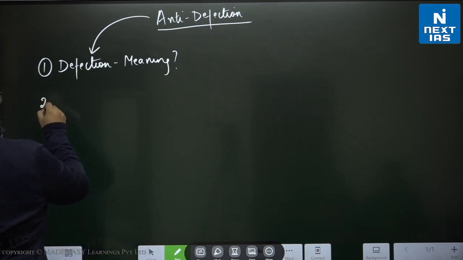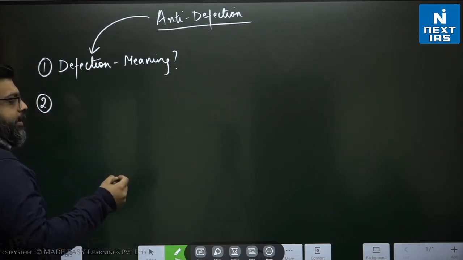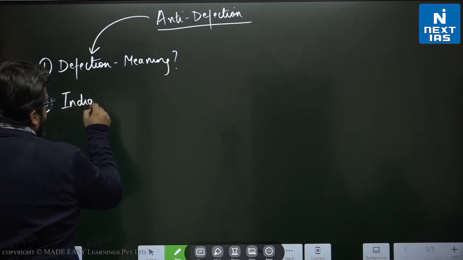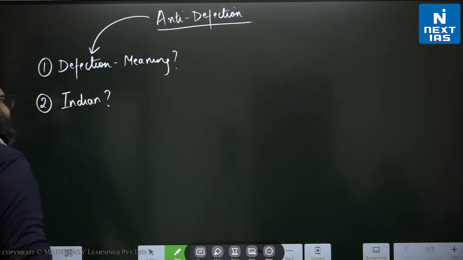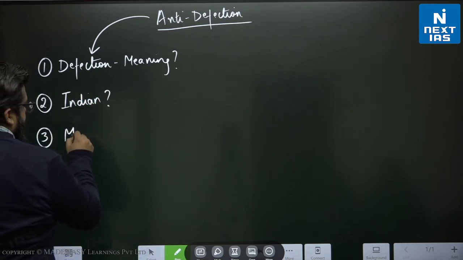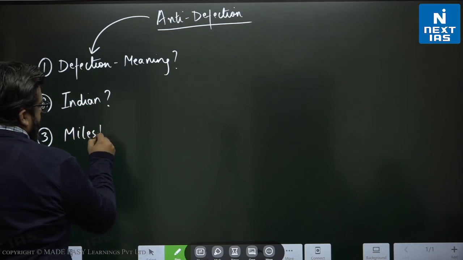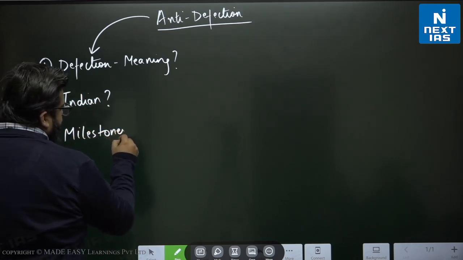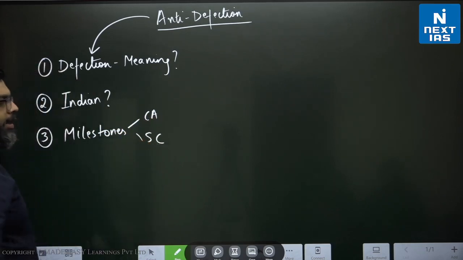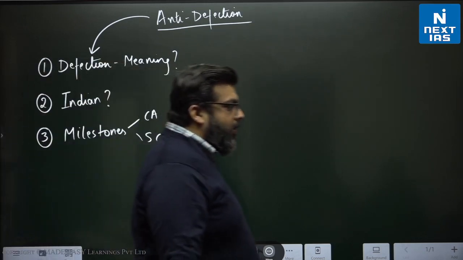Then you have to understand, is this just an Indian concept or does this happen everywhere else in the world as well? Then we'll understand your basic legal milestones, what are the constitutional amendments and the Supreme Court judgments that have given some kind of understanding to anti-defection law.